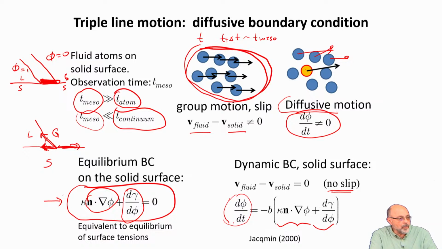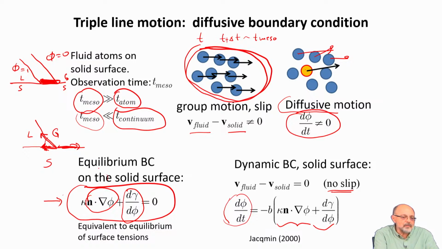Again, this is very important because for traditional fluid dynamics with simple fluids, if you put a no slip boundary condition into a sharp interface model, you get singular solutions. You cannot solve for it.